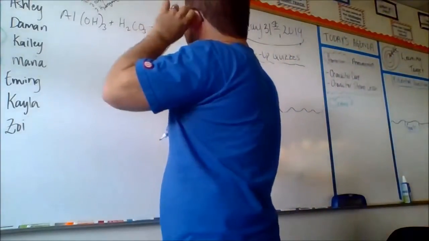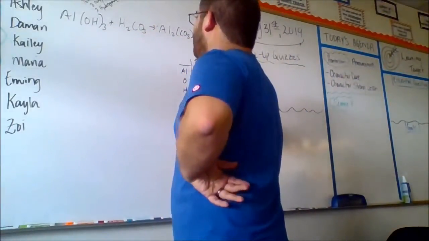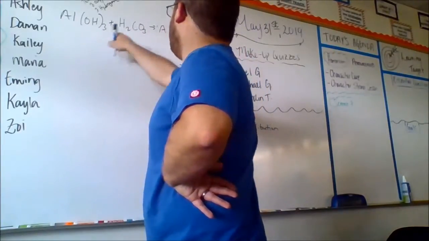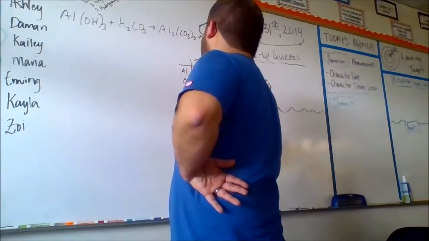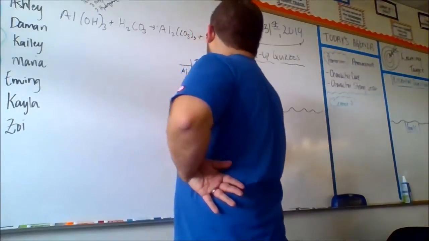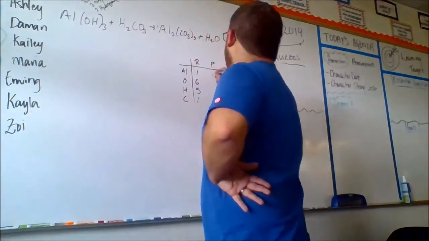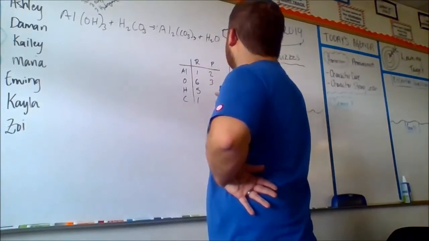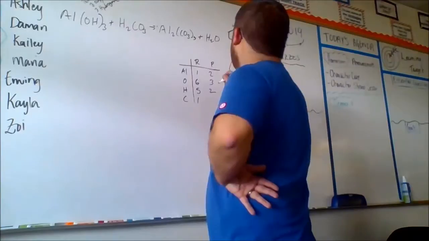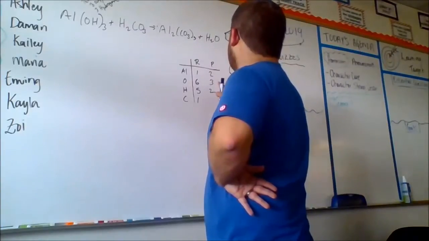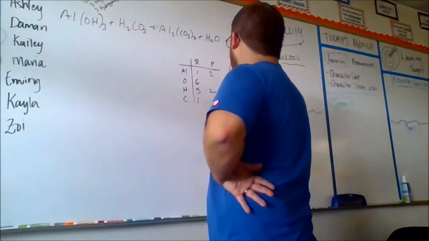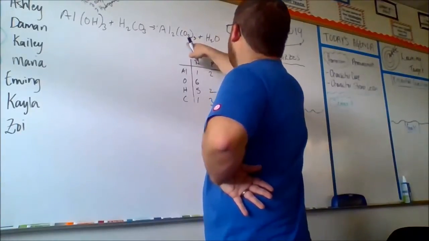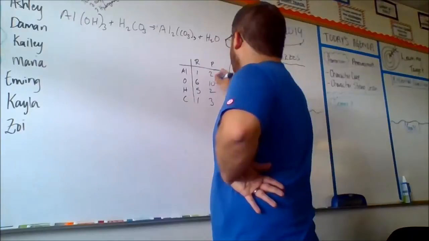All right, so backtracking. We have 1 aluminum. We have 3 oxygens there, 3 oxygens there. That's 6. 3 hydrogens there, 2 there. That's 5. We have 1 carbon. Okay, 2 aluminums, 3 carbons. We have 3 times 3, that'll be 9, plus 1, that's 10.